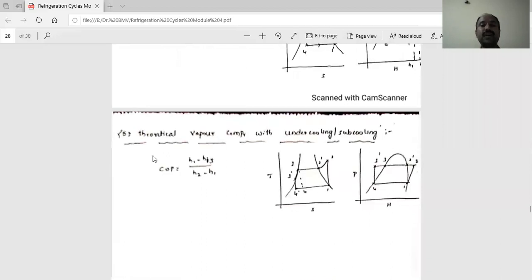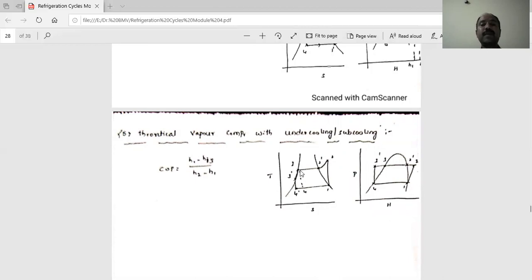Then the last one is theoretical vapor compression with undercooling or subcooling. Then 1 to 2 is dry saturated, the refrigerant, and then it becomes superheated vapor. Then 2 dash to 3, where it should be undercooling, subcooling. Point 3 is saturated liquid.